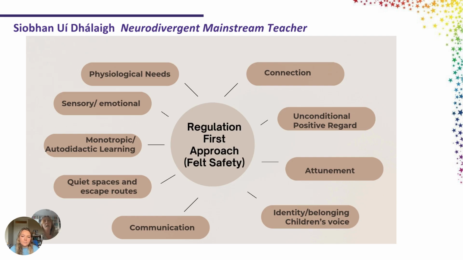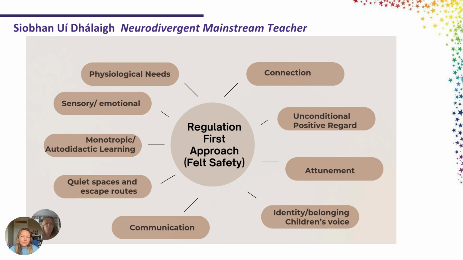Attunement, where, as the teacher or the adults in the room, we can help children understand what is happening to them, notice little changes in them, to allow them to start their journey of recognizing what's happening inside their own body, and in turn getting those needs met through the environment.